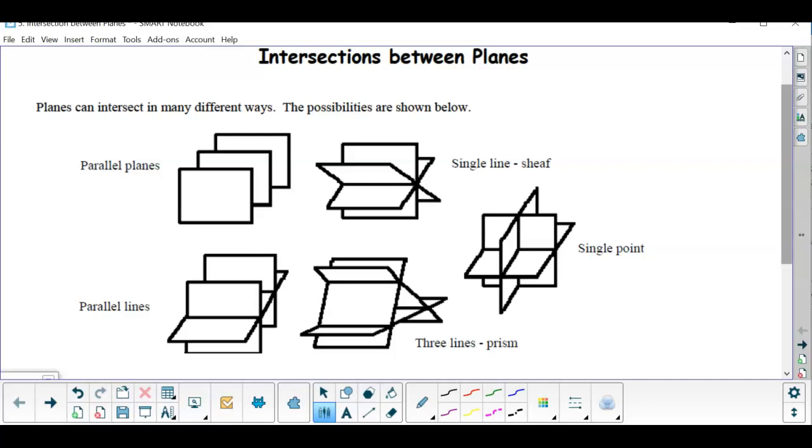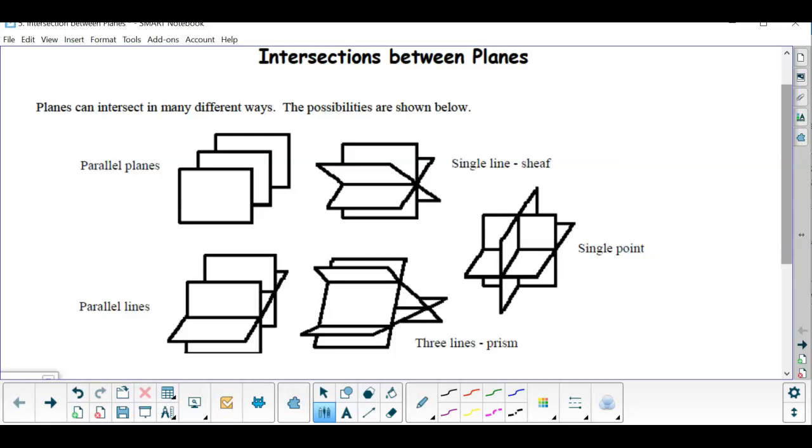So think about it. That means every pair of planes intersects in a line, okay? And then what about that? Well, if we find the intersection of these 2 planes here, that line, then we find the intersection of this plane and the bottom one, that line.